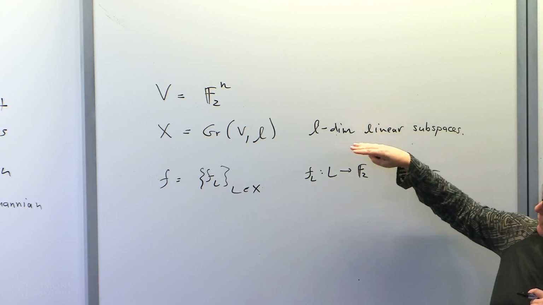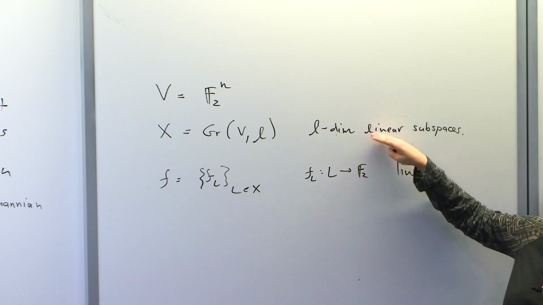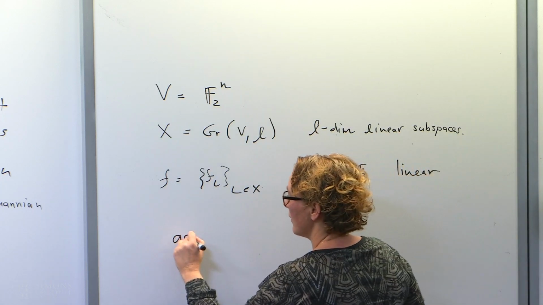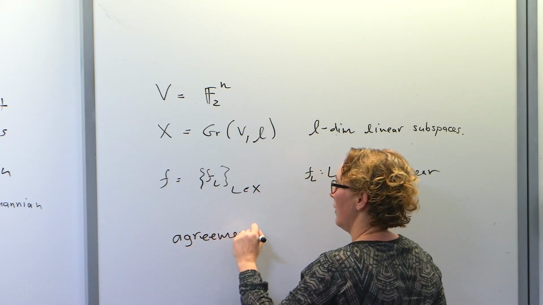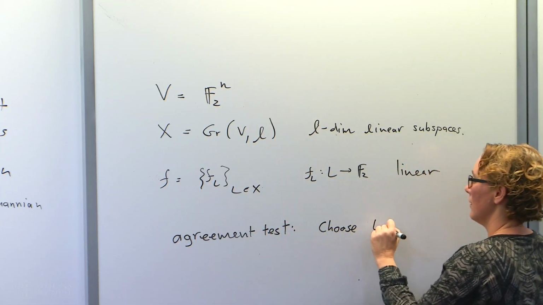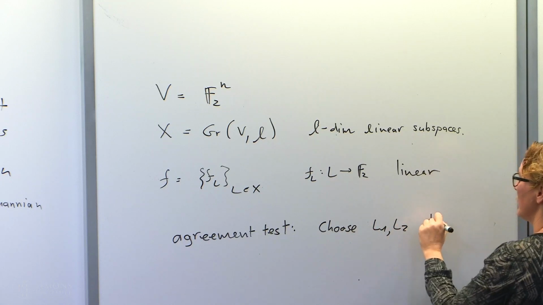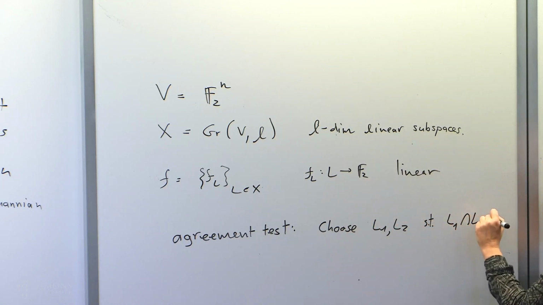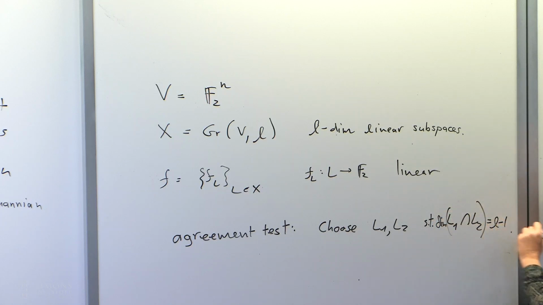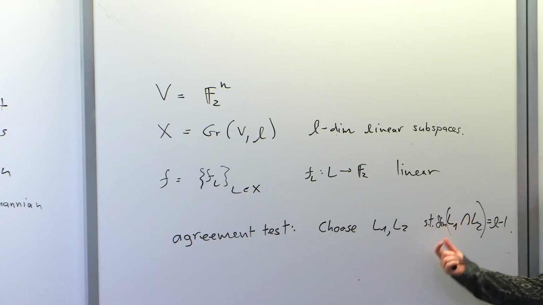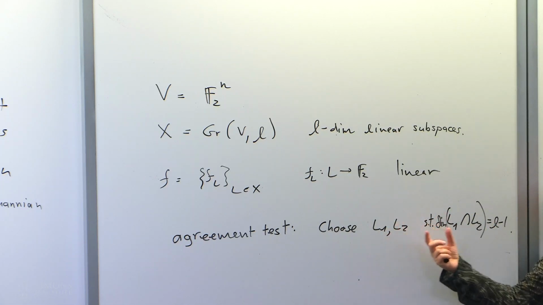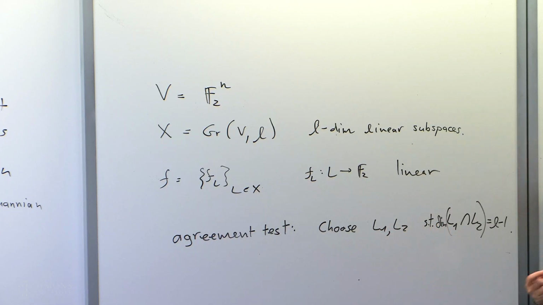Okay, so I have my collection of linear subspaces, and for each one I have a linear function. Now, what is the agreement test? We just choose two subspaces such that their intersection is maximal, so its dimension is L minus 1. As I said before, when you choose S1 and S2, not every distribution is the same as every other distribution.